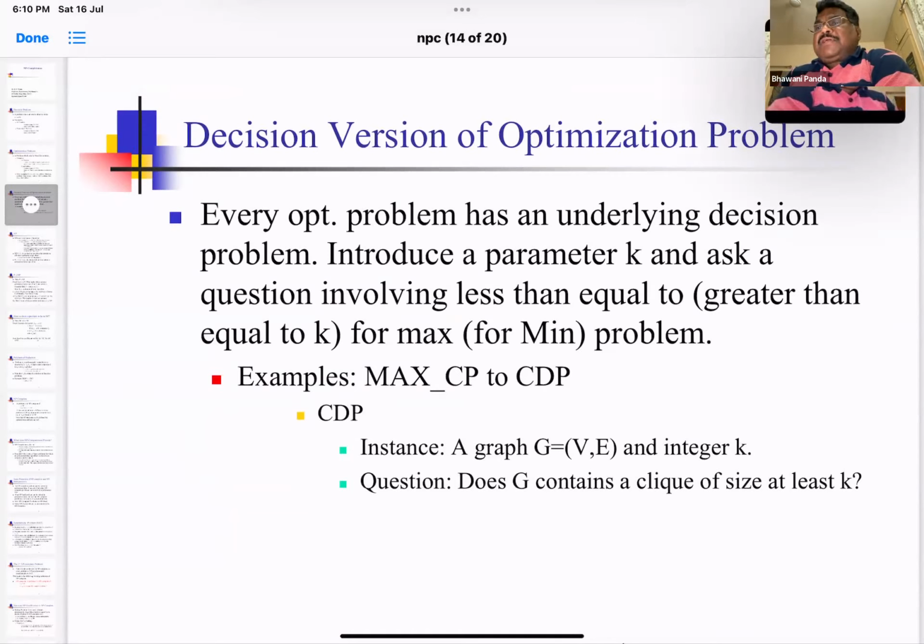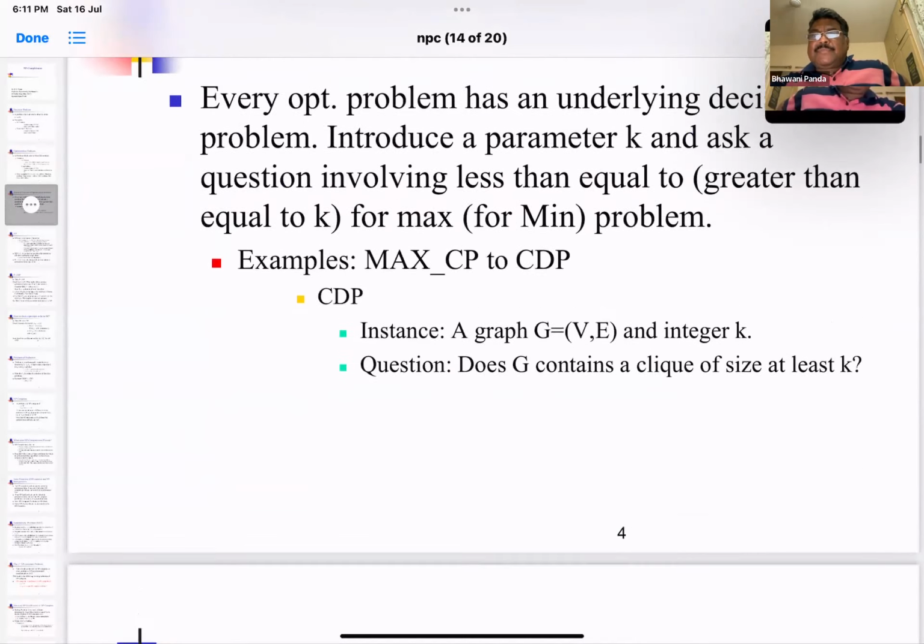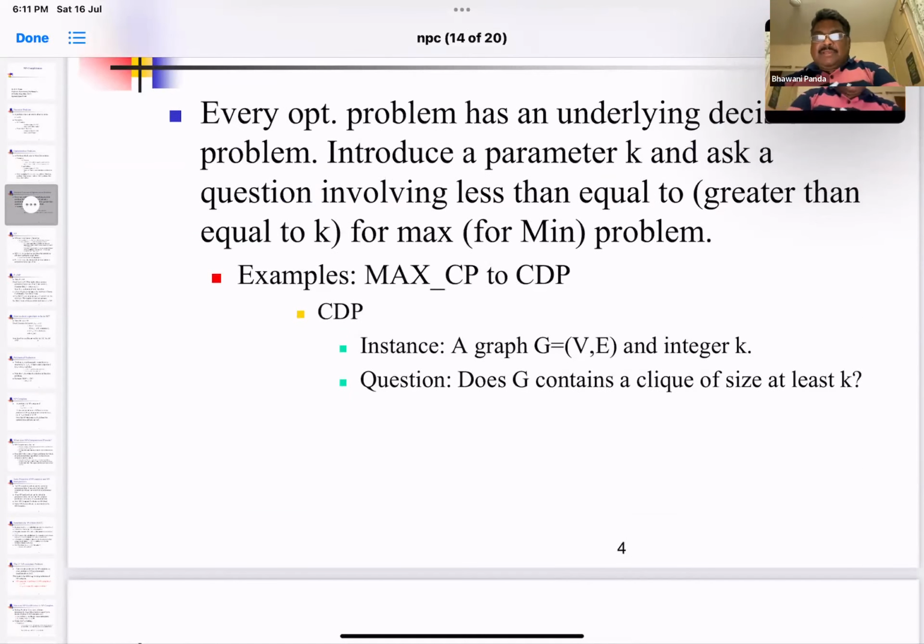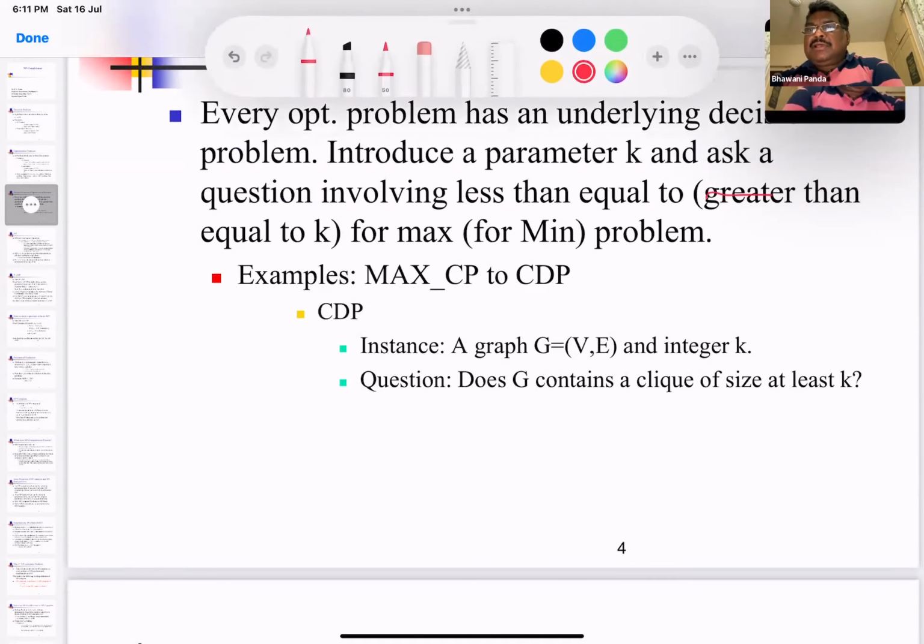Here we introduce an extra parameter K, and ask a question involving greater than or equal to for a maximization problem, and less than or equal to for a minimization problem.